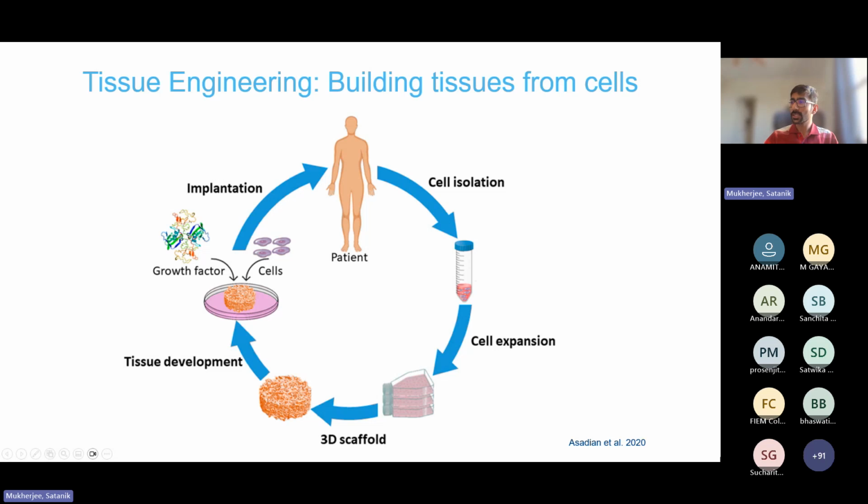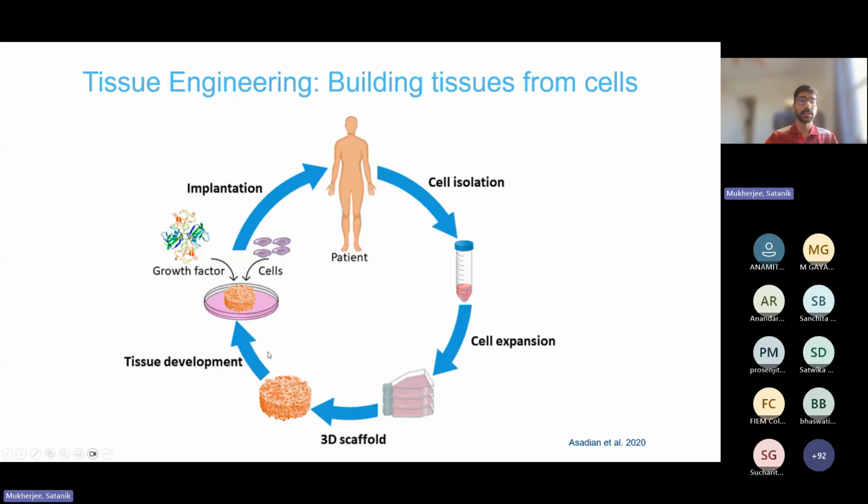And once you seed the cells in the scaffold, one would put these cell-seeded scaffolds in the medium in devices called bioreactors, where you would put growth factors, which are factors that would stimulate the cell to create artificial matrix and create an artificial tissue in the long run.